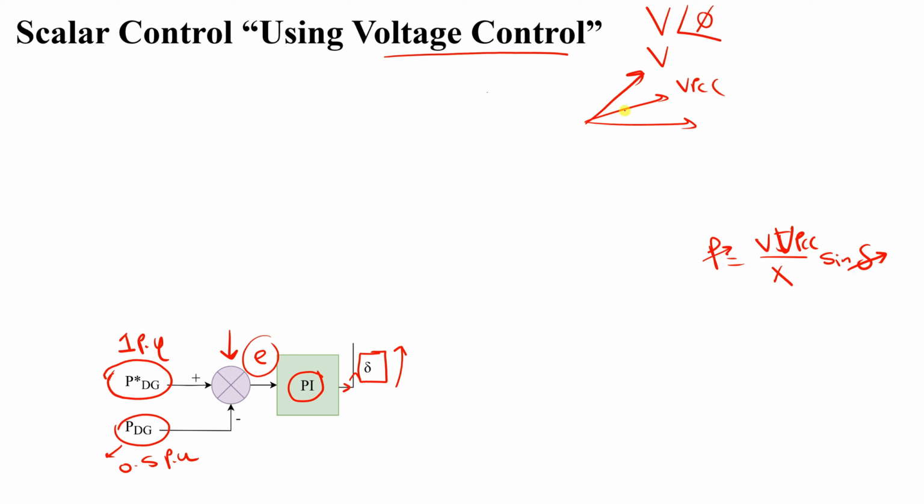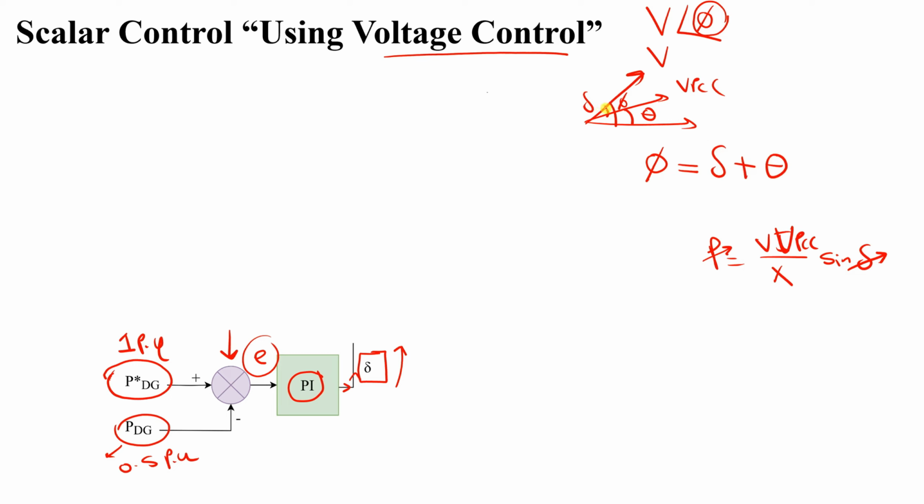Here we have angle theta. This angle is phi, and between them is delta. So what you can see from this figure is that the angle we need for our output voltage, phi, is equal to delta plus theta, right?